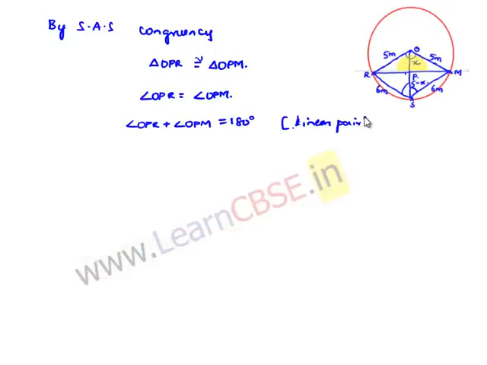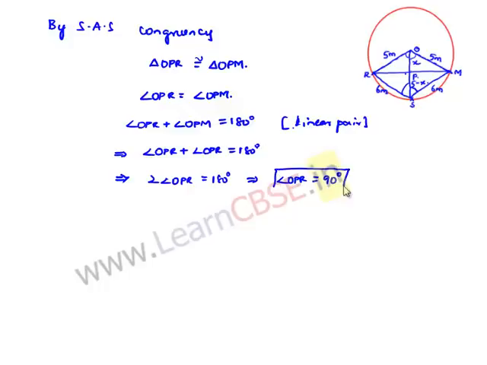That implies instead of angle OPM we can place angle OPR, so 2 times angle OPR is equal to 180 degrees, which implies angle OPR is 180 by 2, that is 90 degrees. Therefore triangle OPR is a right triangle.